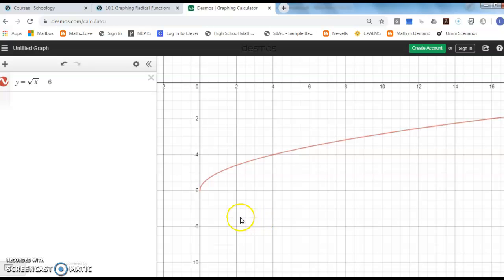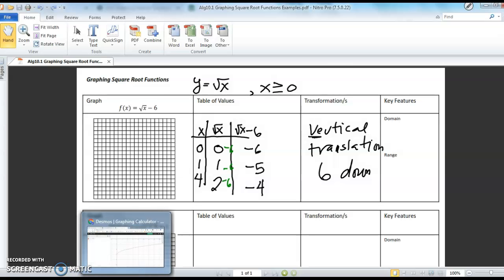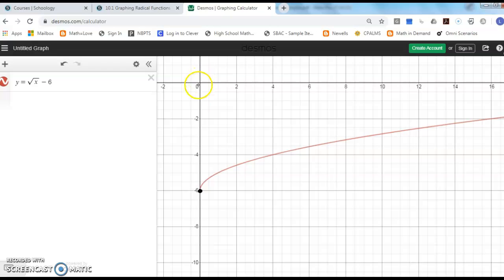So let's see where our values were. The ordered pairs were 0, negative 6; 1, negative 5; and 4, negative 4. So here, this is x is 0, and then y is negative 6. When x is 1, it was negative 5.